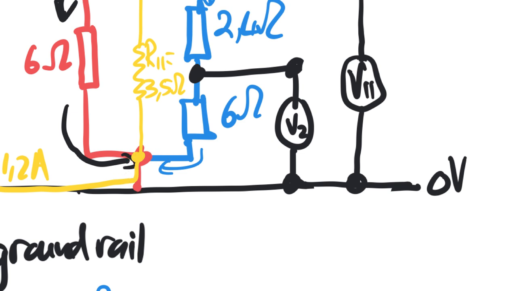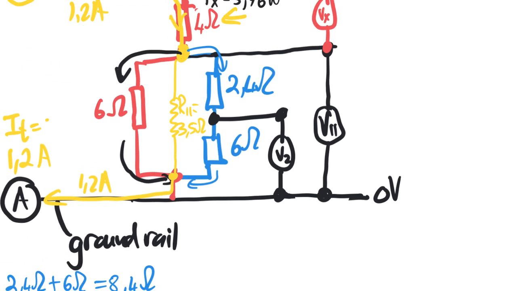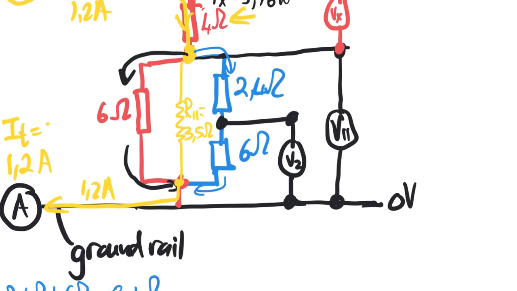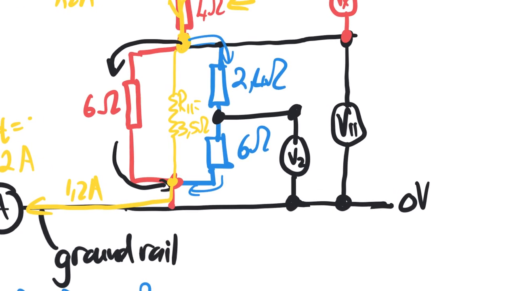Now, if we had the current flowing through this branch, then we could say that V2 is the current flowing through this part of the branch times R, which is 6 ohms. That would be using Ohm's law. The problem is that we don't have the current at this stage, and we certainly don't have the voltage V2, because that's what we're looking for.